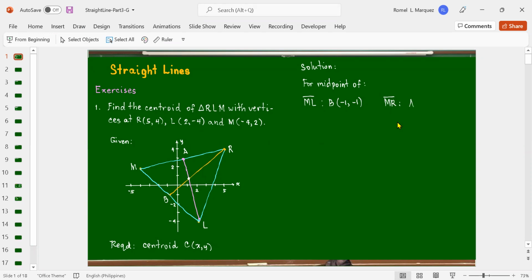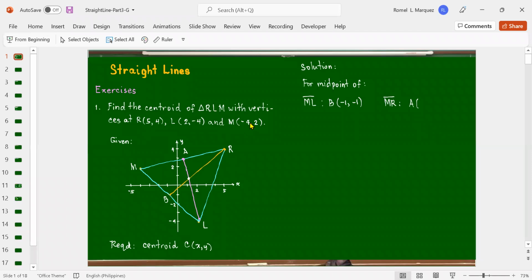So for point A, what point is that, guys? We have M together with R. 5 plus negative 4 is positive 1, no?